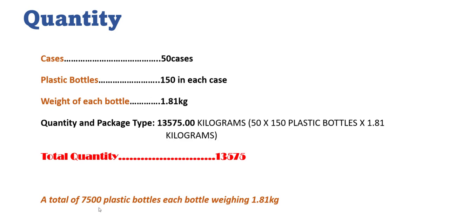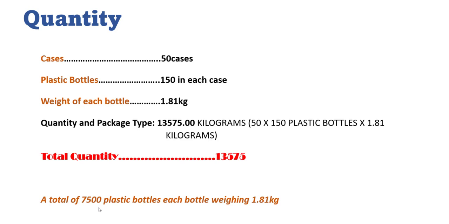and we would get 7,500 plastic bottles. And in these 7,500 plastic bottles, we have commodity weighing 1.81 kilogram, which is the regulated commodity. So your pesticides import permit is really seeking a permit to get permission to take in that total regulated commodity.